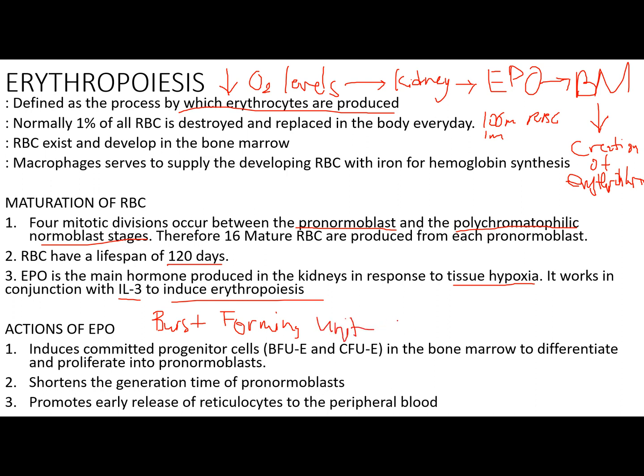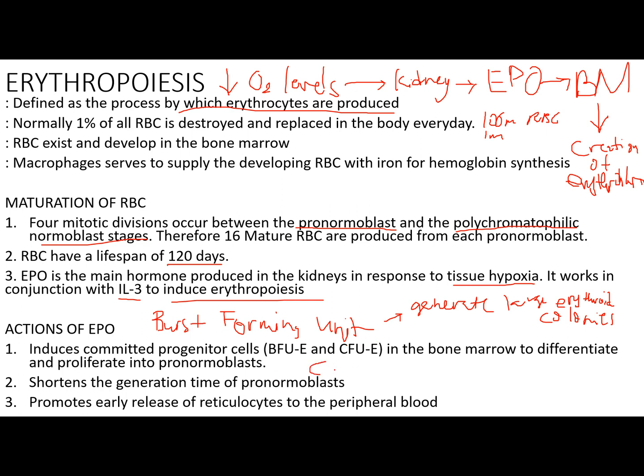Ito yung nagge-generate. They generate large erythroid colonies. So basically, class, it would start the creation of your erythroblasts by inducing those BFU and CFU.